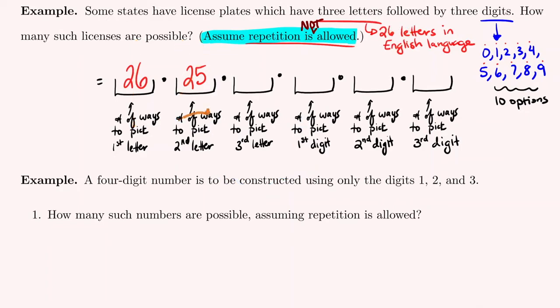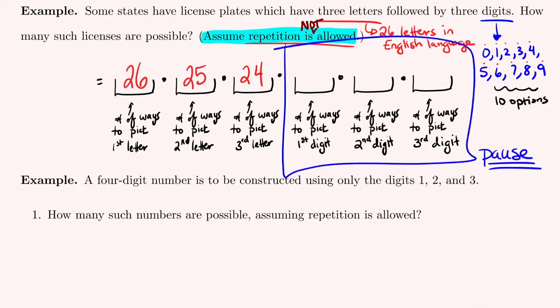I can't use either of those two again, so 26 minus 2 leaves me with 24 options left. Okay, I'd encourage you to pause the video now and, thinking in similar patterns, figure out the number of ways you could pick the first digit, second digit, and third digit, keeping in mind that repetition is not allowed. And then unpause to check your work.